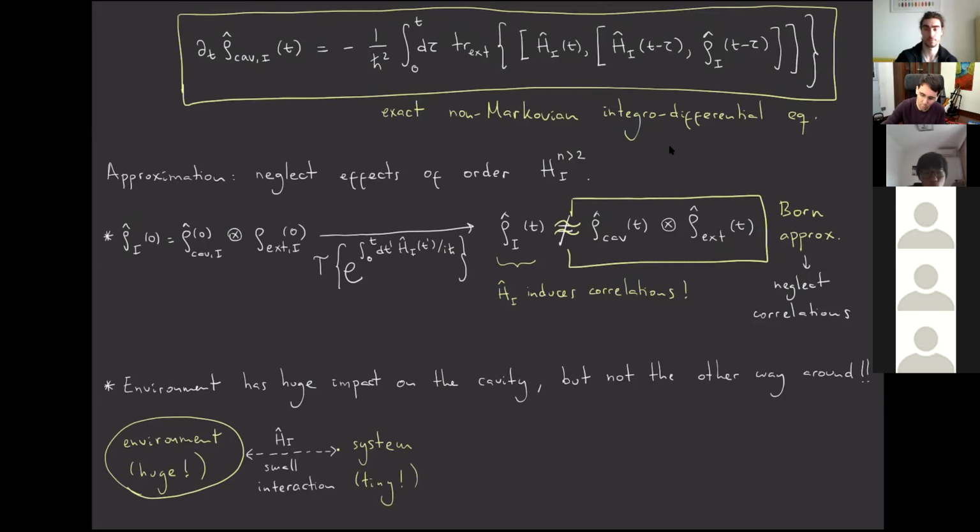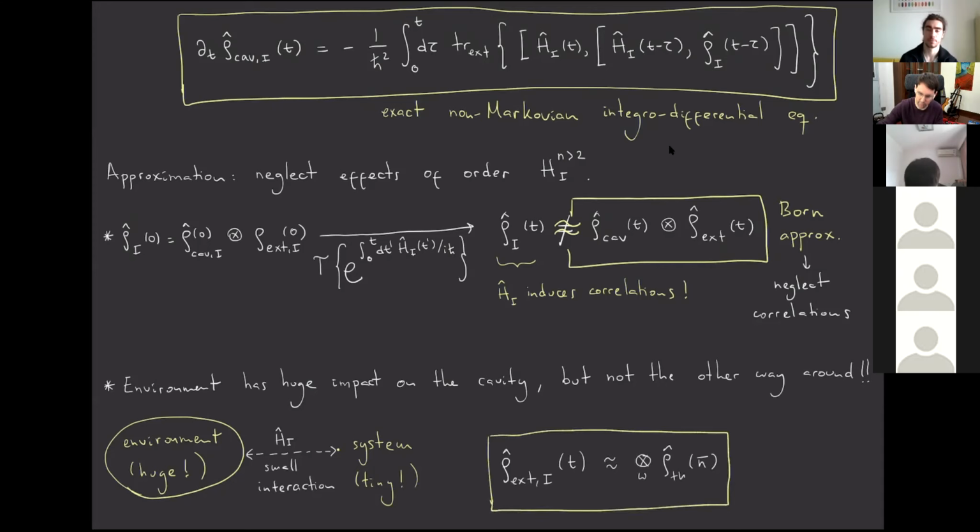And therefore, we can make the extra approximation that the external state at any time can be approximated by just the state that we had at time zero, which is the thermal state. Okay?